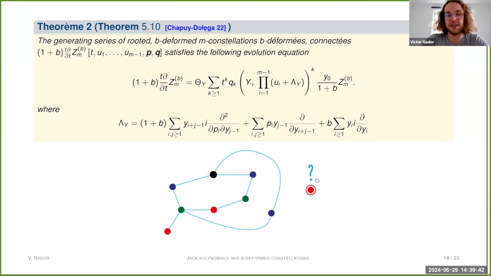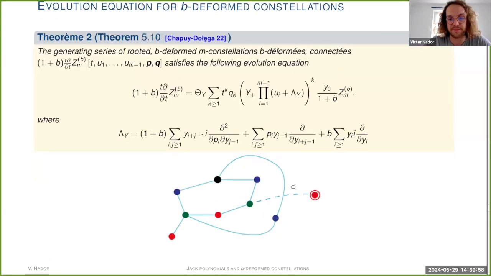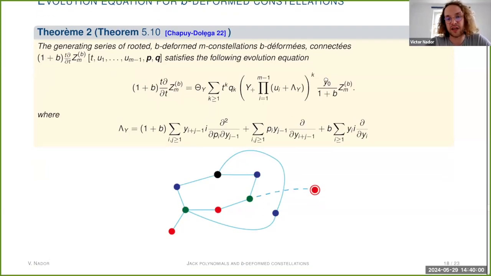So essentially, this equation is the opposite of the algorithm that computes the B weight. So you want to insert this vertex of color 0. First, you're going to connect it to a vertex of color 1 in green. And you're going to use a catalytic variable to keep track of how your root face is growing.